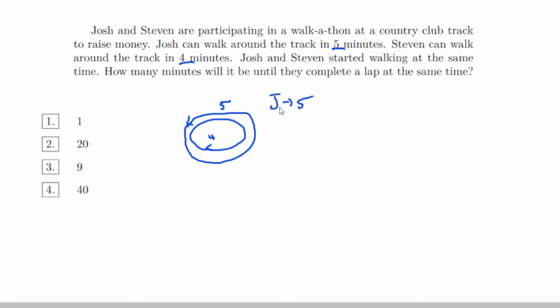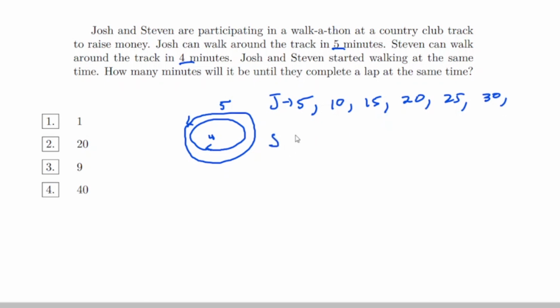After 5 minutes, Josh will complete his first lap. After 10 minutes, he completes his second. After 15 minutes, he completes his third. After 20 minutes, he completes his fourth. And after 25 minutes, he does his fifth. And after 30 minutes, he does his sixth lap.